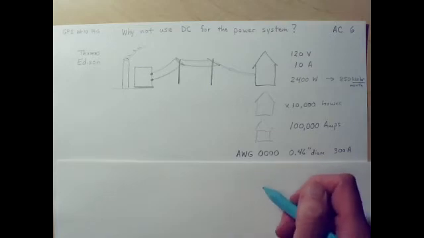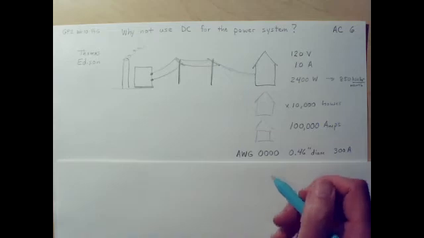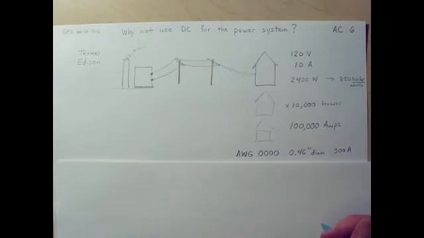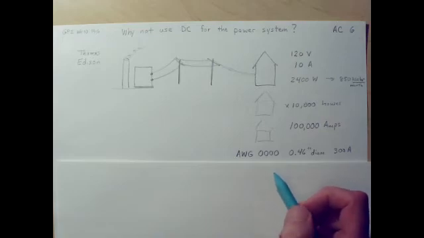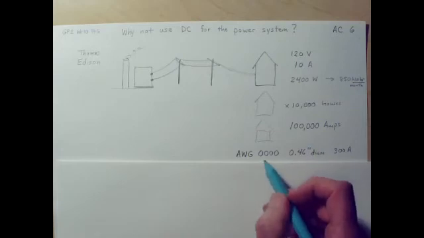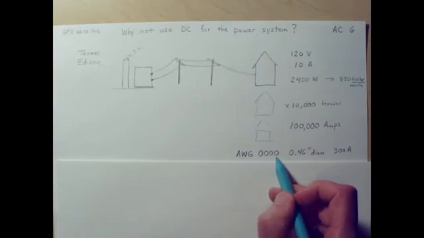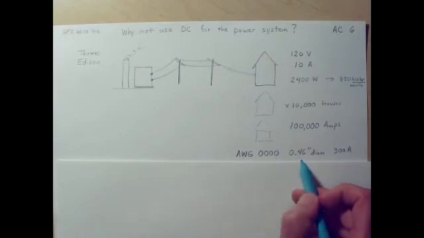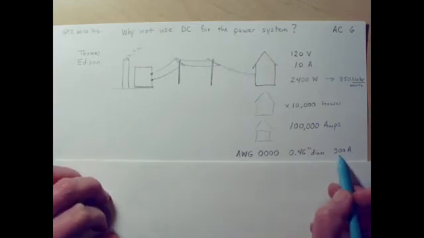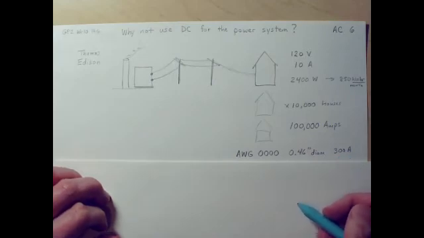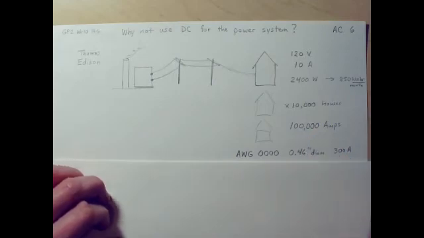So 10 gauge wire is heavier and carries more current, and then there's 8 gauge and 6 gauge, all the way down to 0 gauge, and then there's double zero, and I suppose it's aught and double aught and triple aught and quadruple aught, AWG 4 aught. That's half an inch in diameter. So that's quite a thick cable, and that carries a whole whopping 300 amps. How are we going to get up to 100,000 amps?